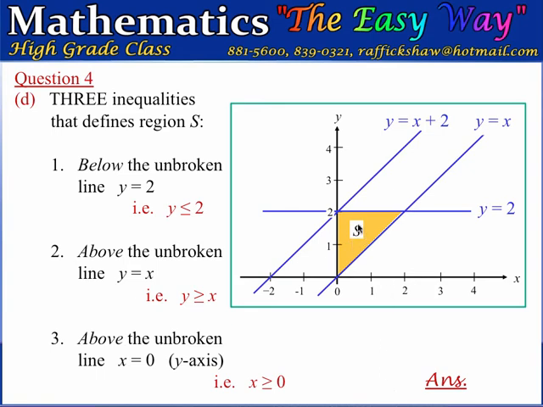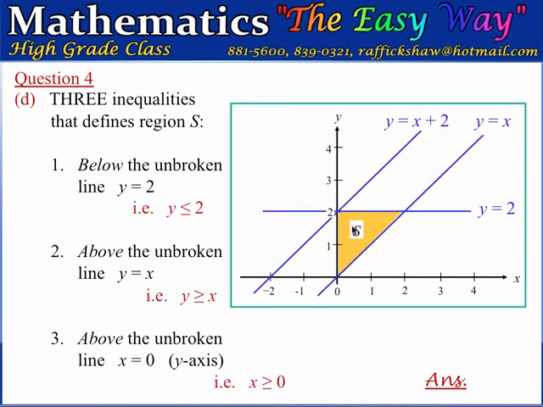The shaded region S, bounded by these three unbroken lines, satisfies these three inequalities. The shaded region S is such that y is less than or equal to 2 because the shaded region is below the unbroken line y equals 2. The shaded region S will also be such that y is greater than or equal to x because it is above the line y equals x and the line is unbroken.